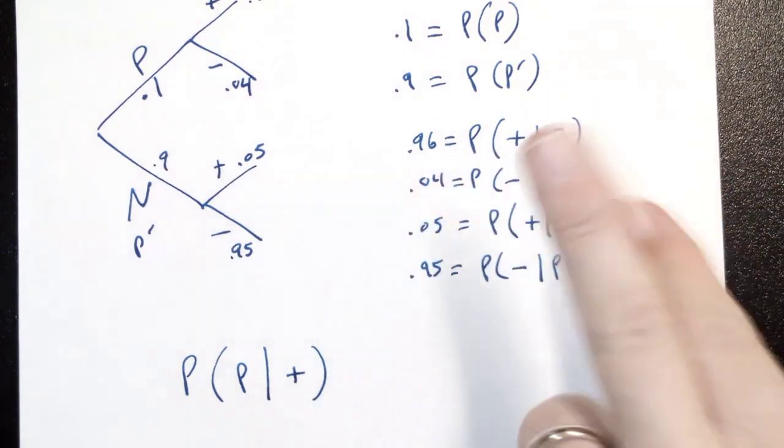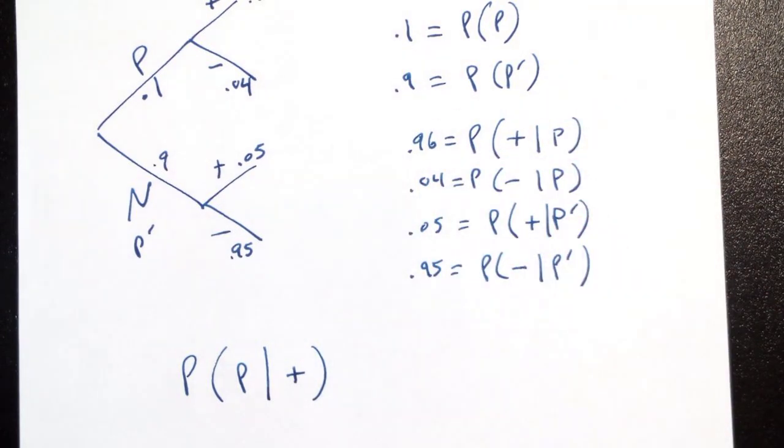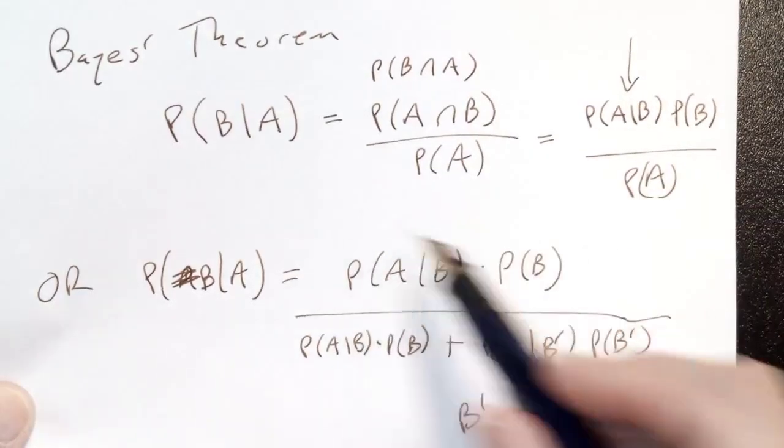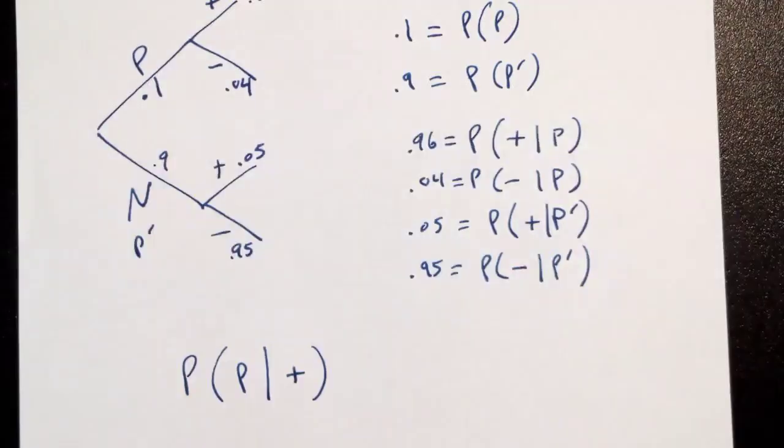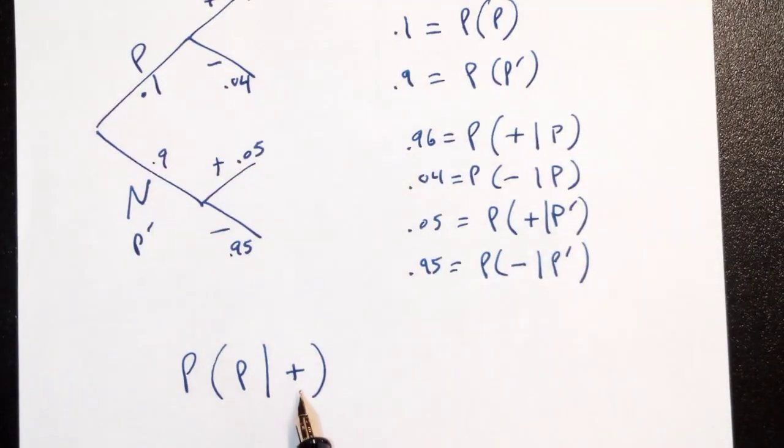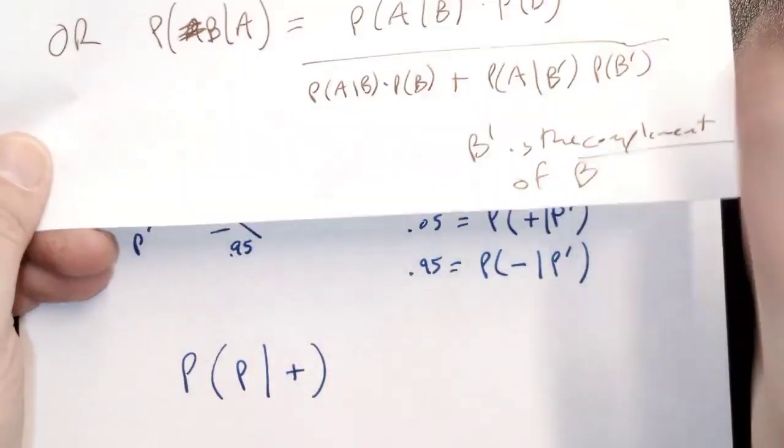I have to reverse these conditionals, don't I? That's when I need Bayes. Now, I could use this if I had the chance of a positive, but I don't have the chance of a positive alone. So I'm going to have to use this bottom version.